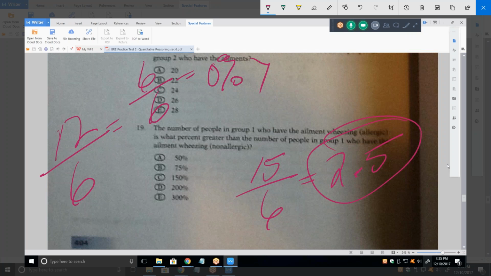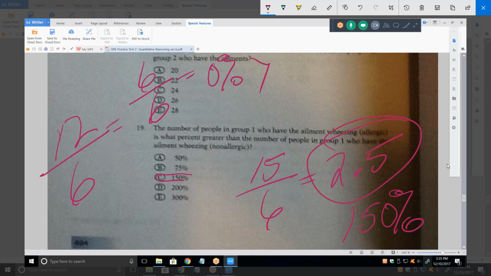Well, it's not 250% greater. It's 9 greater. 9 divided by 6 is 150%. Wait, where are you getting the 9? 15 minus... Oh, you subtracted. Yeah, so there's 9 more people divided by 6. So it's 150% greater.